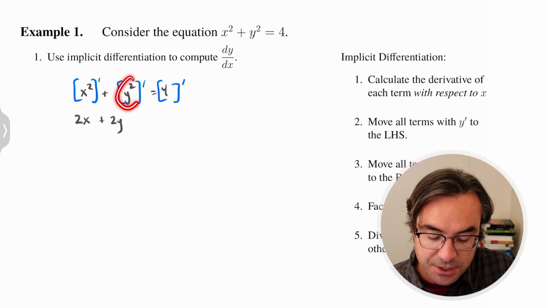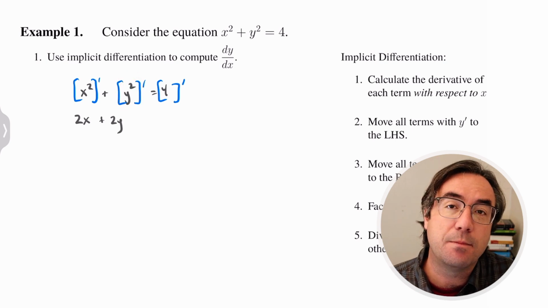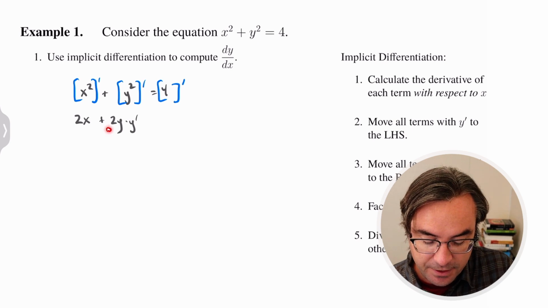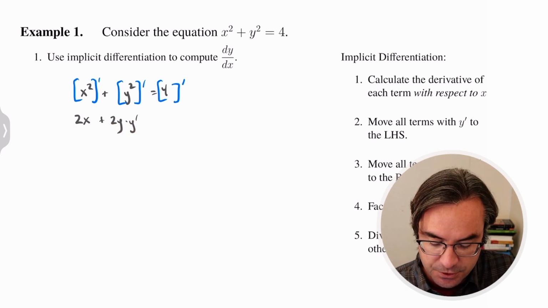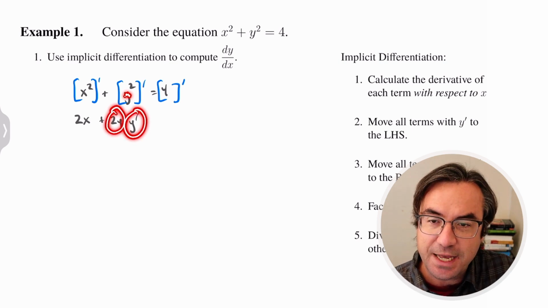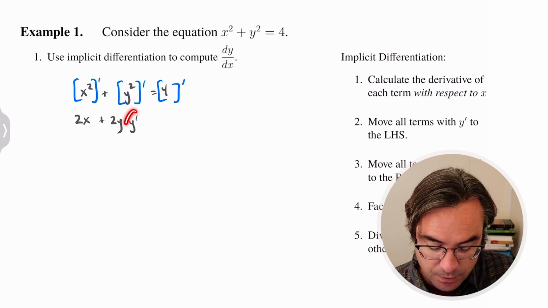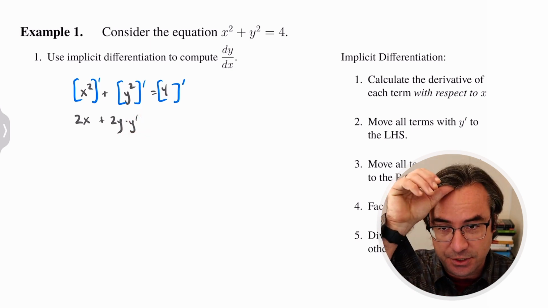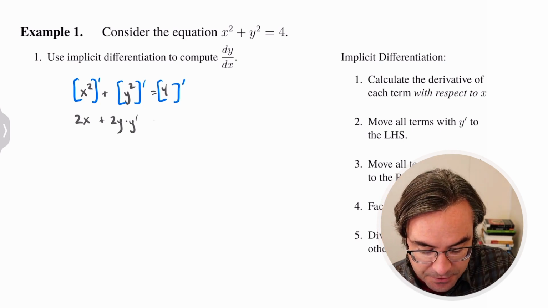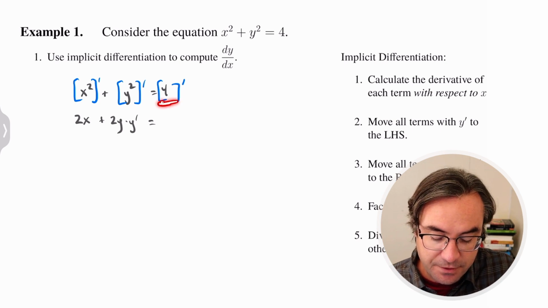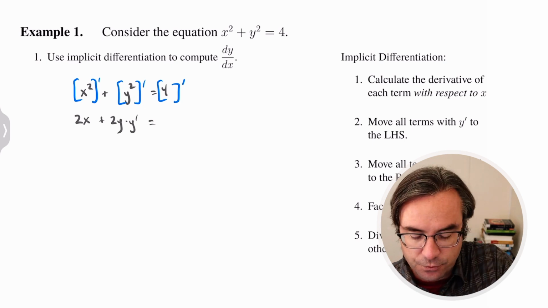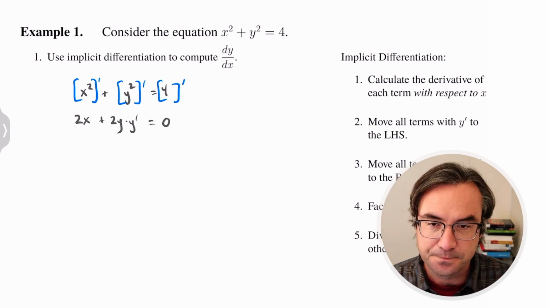But then we differentiated a y term here, so we're going to multiply by y prime. That's really kind of like a chain rule. It's the derivative of the outer, and we're assuming that there are x's hidden inside the y, so we're multiplying by the derivative of the inner function. And then on the other side of our equation, the derivative of 4, well, that's just a constant. So derivative of 4 is going to be 0.